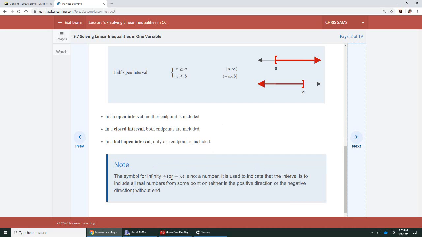And it also tells you for infinity, when the inequality goes on forever, either to the negative or to the positive side, we denote that with this infinity symbol, which looks like a sideways 8 or figure 8. So you have positive and negative infinity. It says this is not a number, so you will never include that in the endpoint. So infinity will always have a parenthesis, it will always be open.